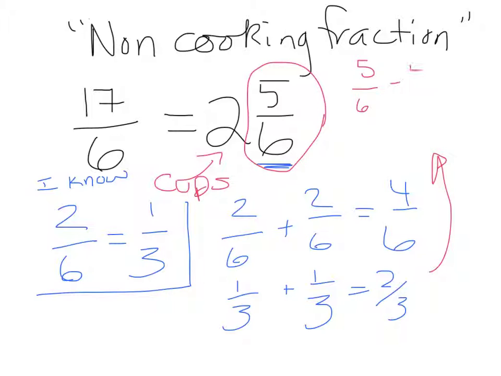I have 4/6, which is 2/3 of a cup, and I have 1/6 left over. Now, from my prior practice, for example what we've done in the green sheet, I know that 1/6 is a really small portion of a cup.